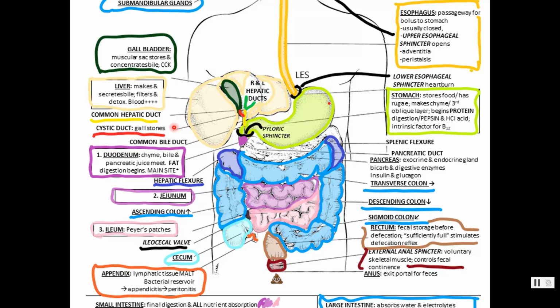If someone has gallstones, then the gallbladder is going to be removed, and they'll try to leave part of the ampulla, just a little part of the gallbladder, to allow for some storage of bile. But you can live without your gallbladder.